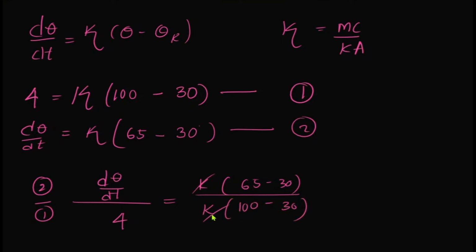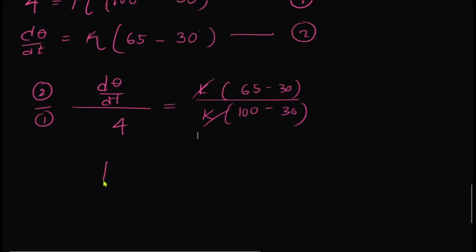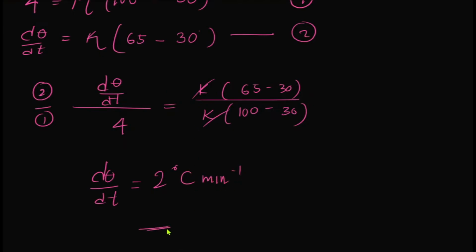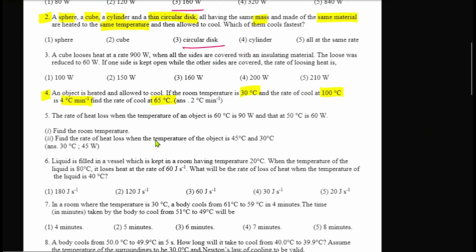So K cancels, and if you simplify, the cooling rate dθ/dt is going to be 2 degrees per minute. This would be the cooling rate, right?